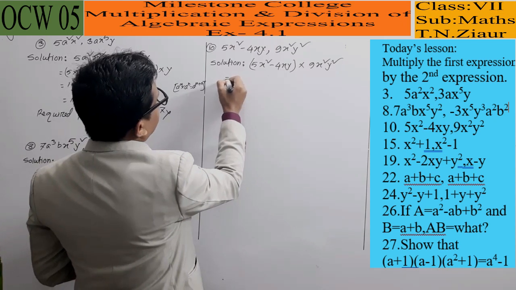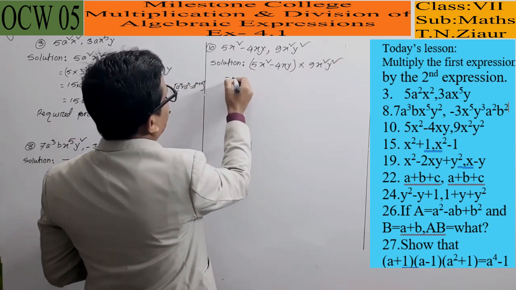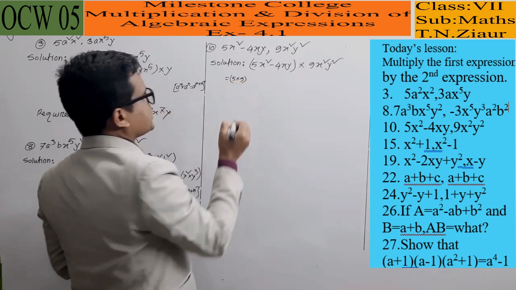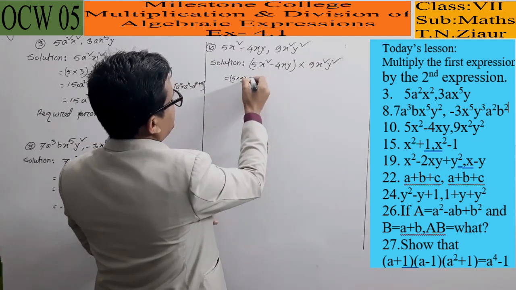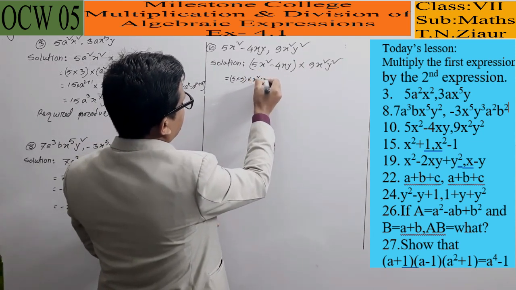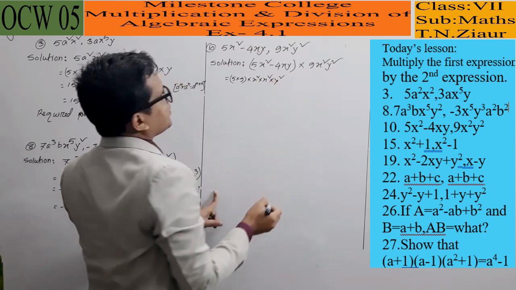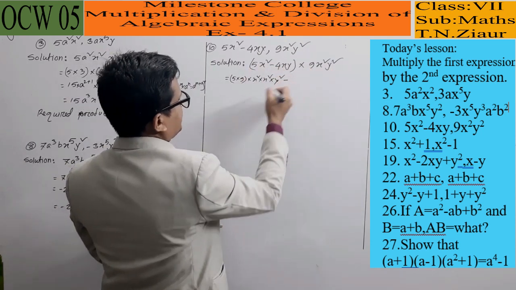Okay, I have discussed only the plus, 2 into a plus b, but it can be minus also. So now just multiply first this one and this one, right? So what will be 5 into 9? Okay, that means this one is the numerical number. Then x square into x square, so just write x square into x square, and along with it there is also y square. Okay, then minus, give this minus.